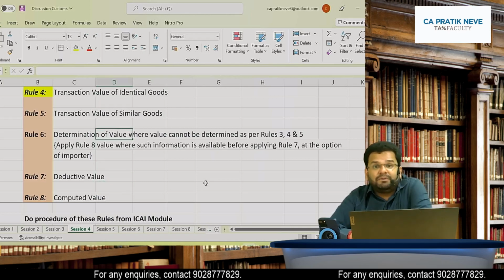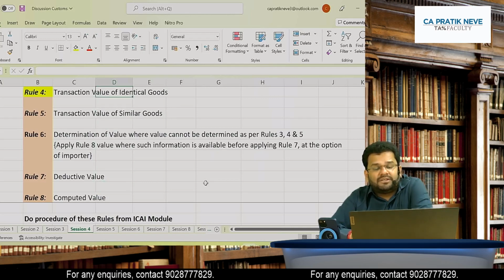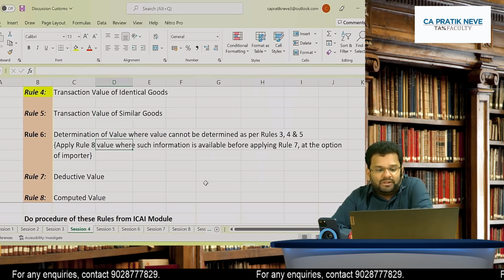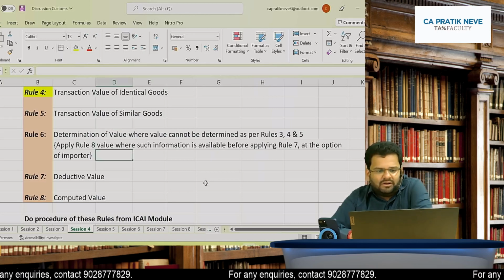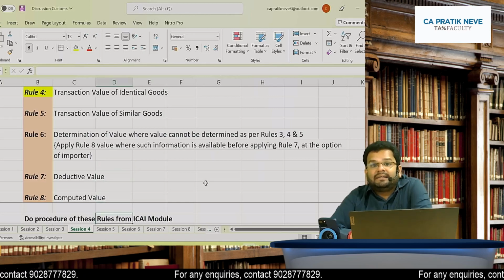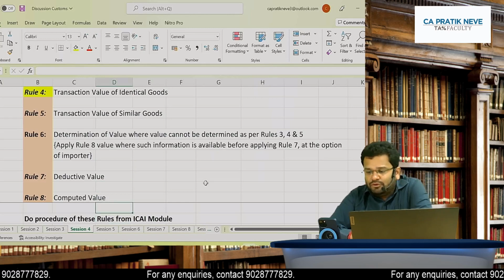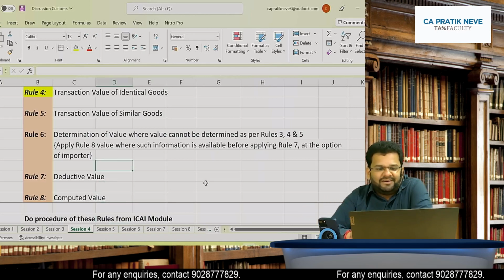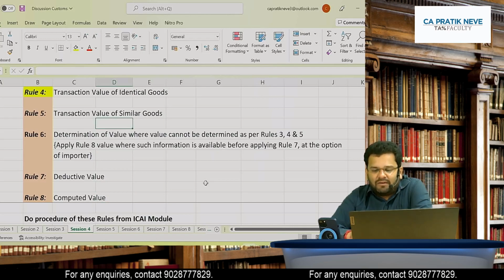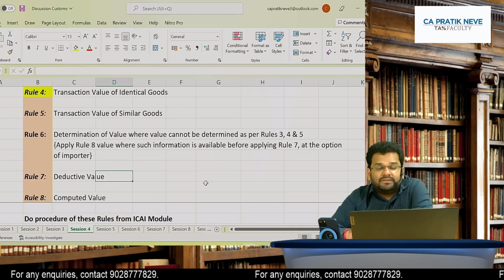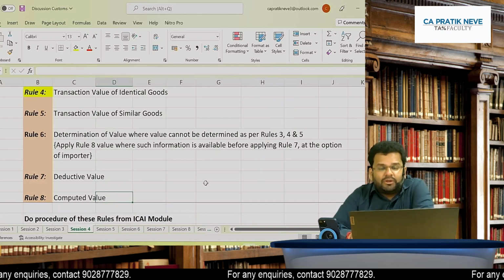And the principle of 4 and 5 of valuation is the same. Principle is the same means, you will see now in the question why I am saying the principle is the same. And then friends, if 4, 5 are not available, or identical goods are not available, similar goods are not available, then you go for computed value.